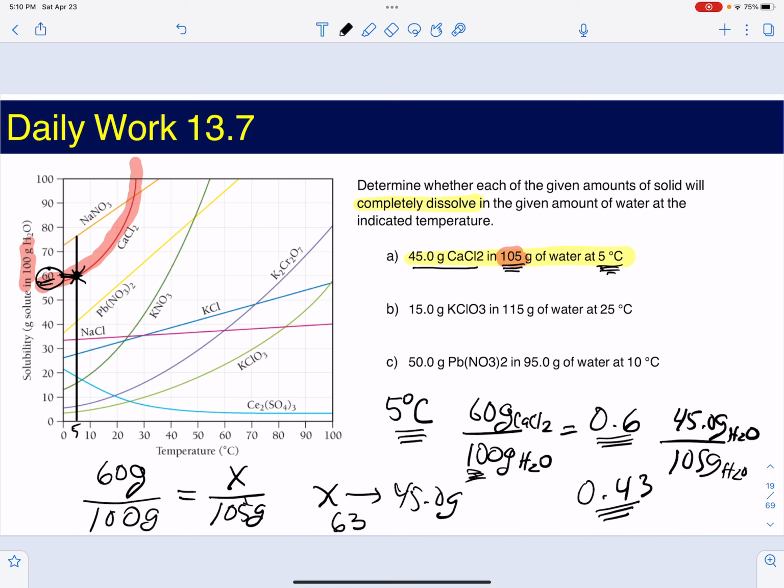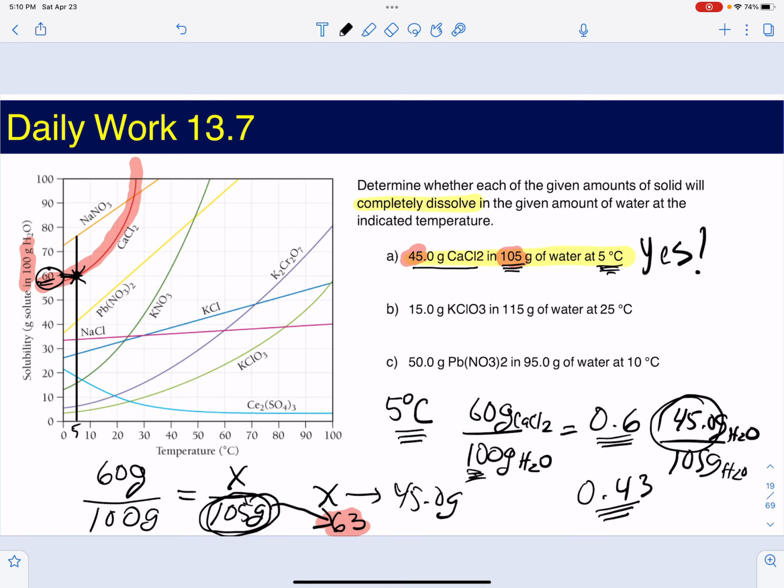Which means if I have a little bit more water, I can dissolve all the way to 63. I only have 45, so the answer would be yes. Having a temperature of 5 degrees Celsius and a total amount of water of 105, I can dissolve a maximum of 63. Since I only have 45, yes, it will completely dissolve. So that's how I would approach that.